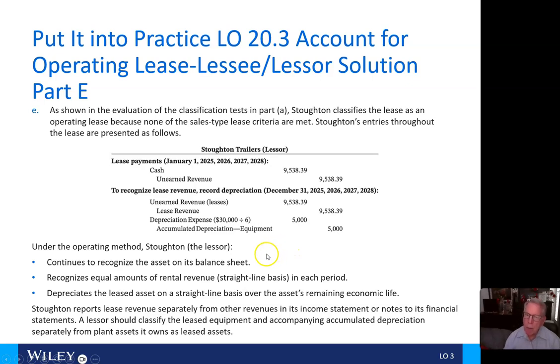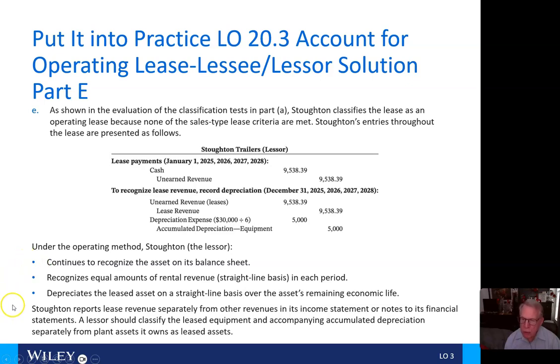So under the operating method, Stroughton, the lessor, 1, continues to recognize the asset on its balance sheet. 2, recognizes equal amounts of rental revenue on a straight line basis in each period. And 3, depreciates the leased asset on a straight line basis over the asset's remaining economic life.